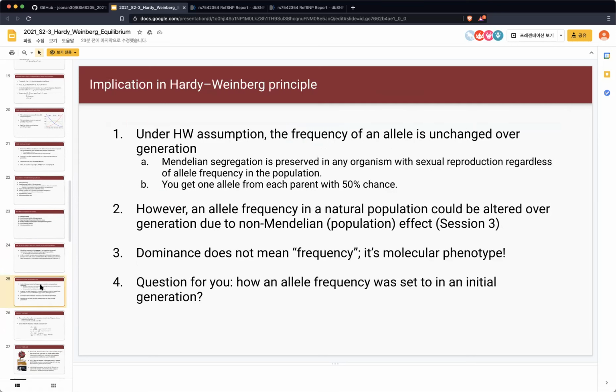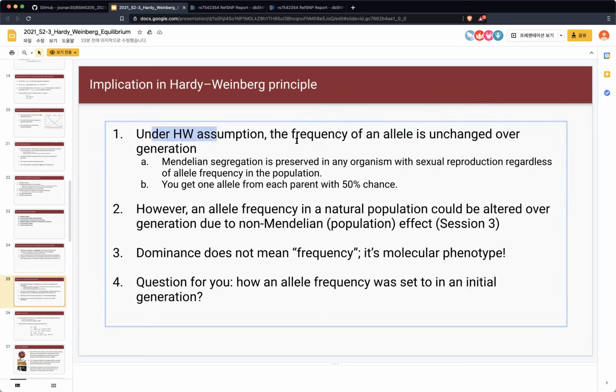A few more implications. As I mentioned in the previous slide, under the Hardy-Weinberg assumption, the frequency of an allele is unchanged over generations, because Mendelian segregation is all working, randomized, with equal probability, a 50% chance.